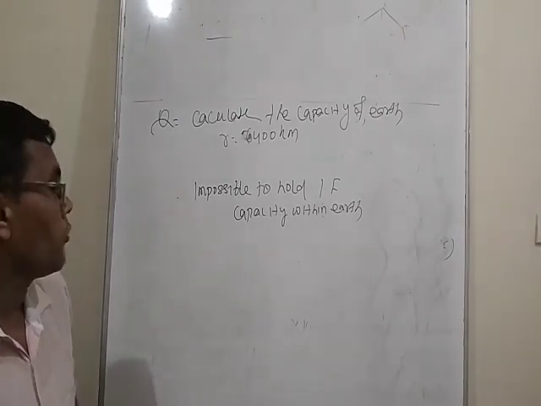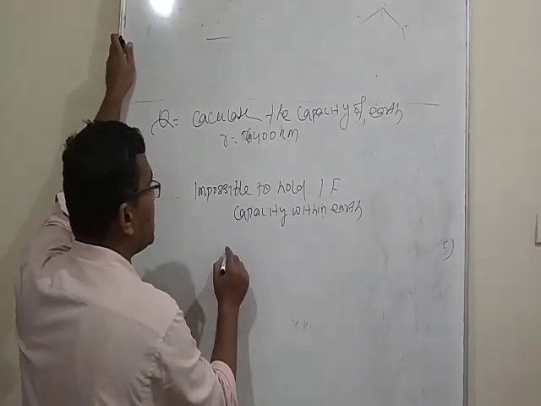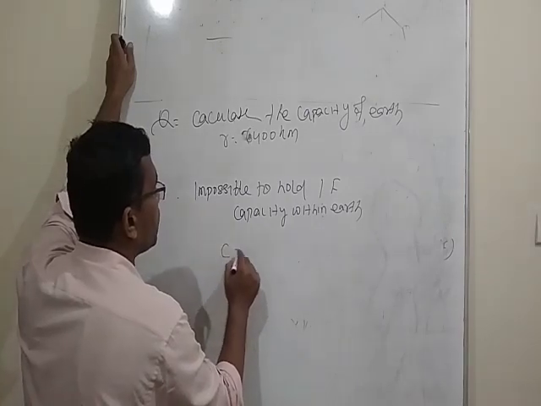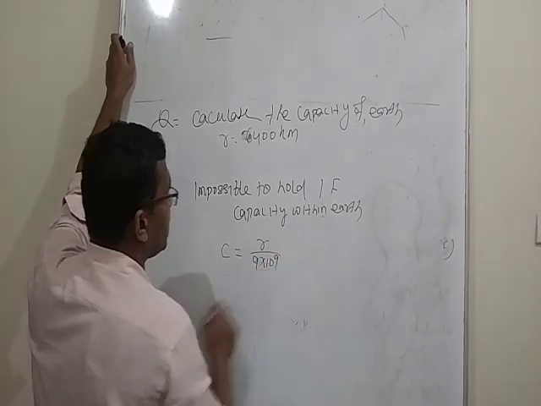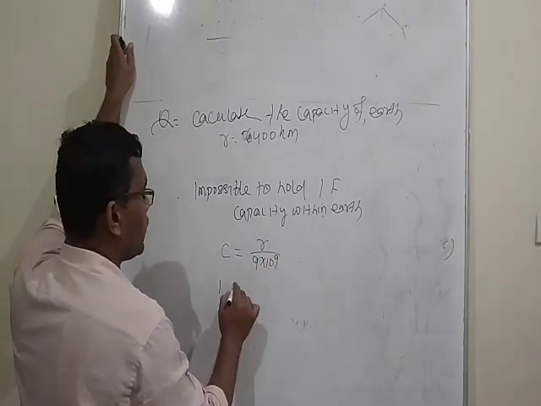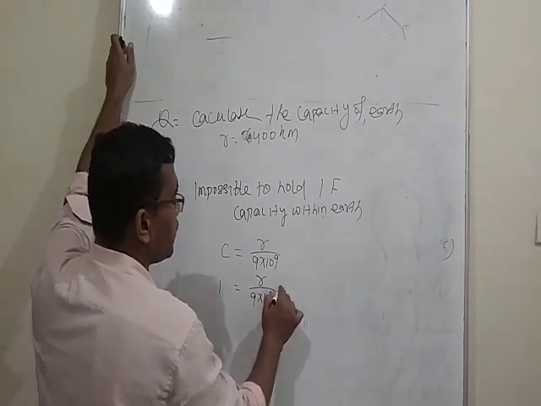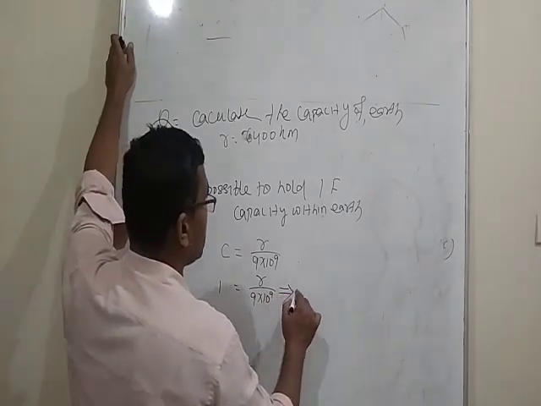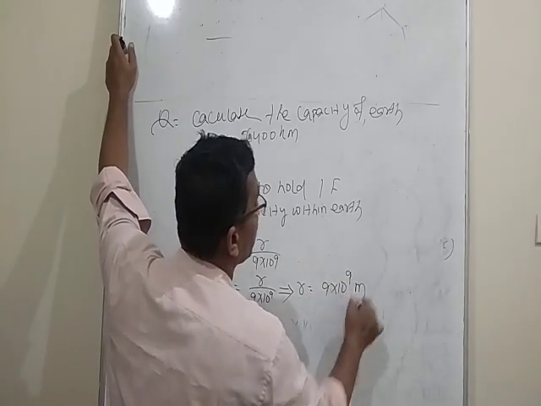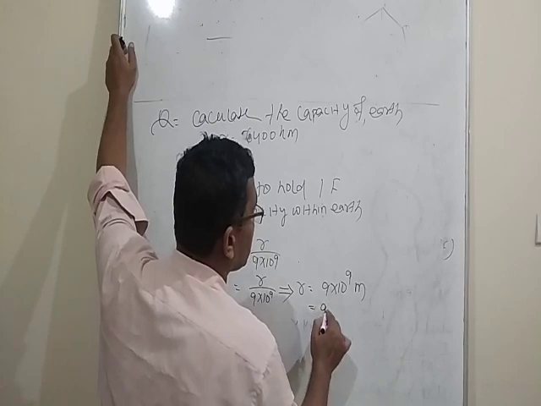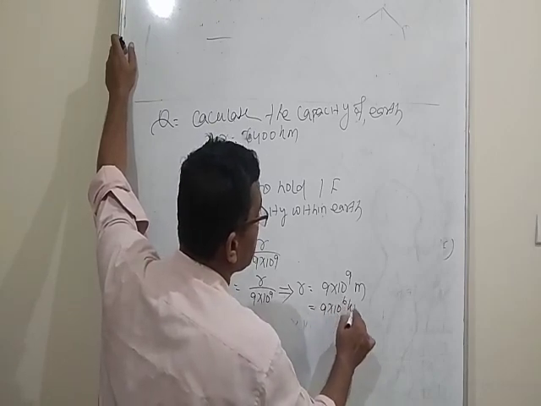How do we prove this? We need to see how large a space is required for just 1 farad of capacity. We know C is equal to R by 9 into 10 to the power 9. Taking C as 1 farad, 1 is equal to R divided by 9 into 10 to the power 9. So R is equal to 9 into 10 to the power 9 meter, which is 9 into 10 to the power 6 kilometer.